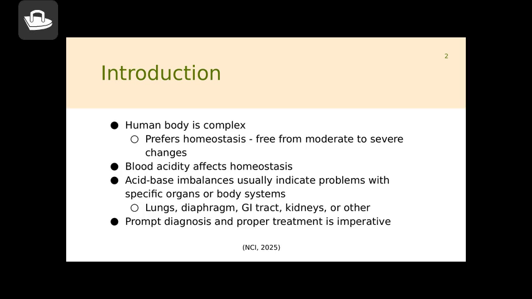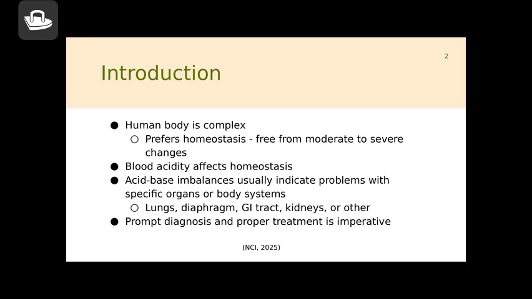So, if an organ is damaged or distressed, the delicate balance of blood acidity can be altered. This creates kind of like a spiral effect that can affect the rest of the organ systems in your body. So, blood acidity affects homeostasis. Acid base imbalances usually indicate problems with the specific organs or body systems, like I just said.